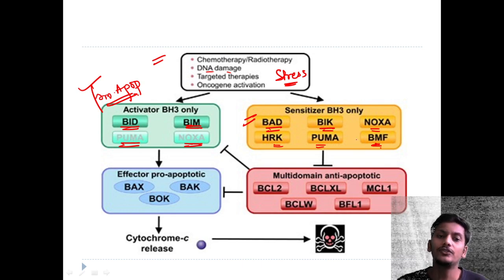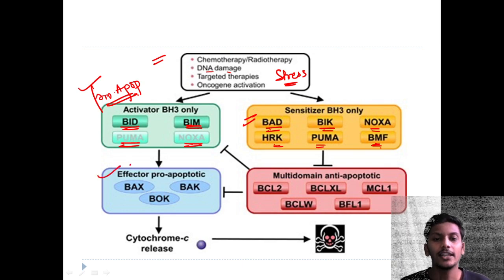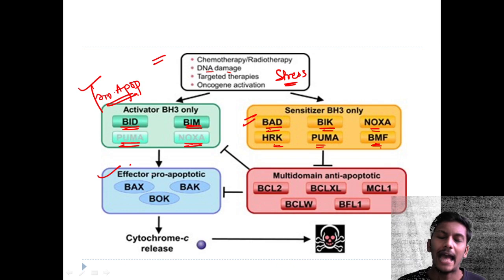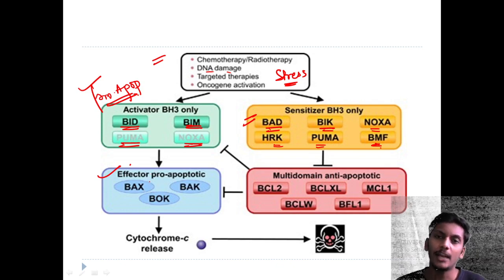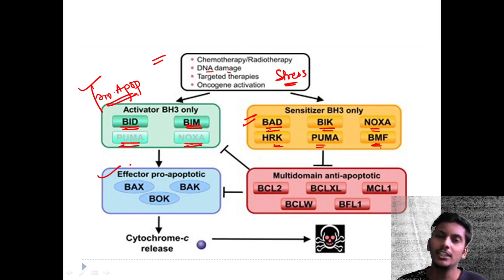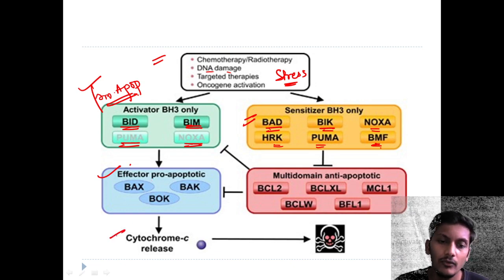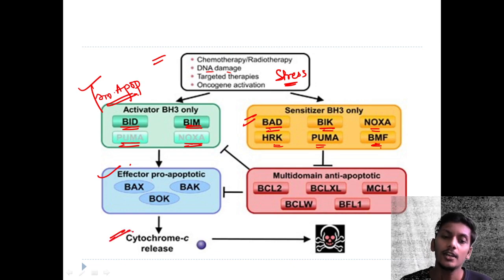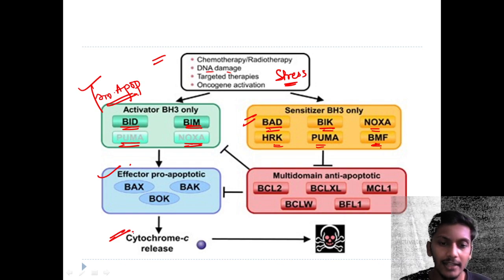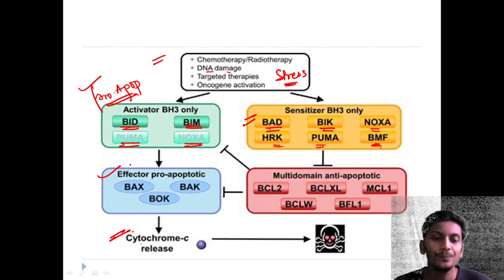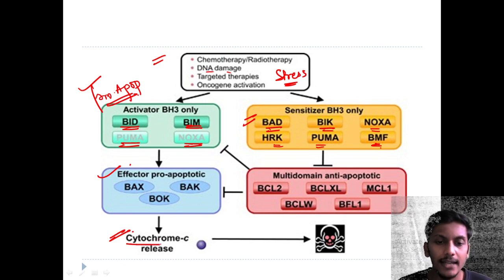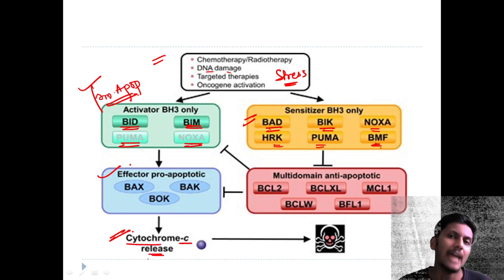And some of the factors cause the effector action; these are known as effector pro-apoptotic factors. Which are these effector factors which cause cytochrome C release? Please remember, we have already seen in the intrinsic pathway of the initiation phase that there is cytochrome C release which causes all the damage, right?